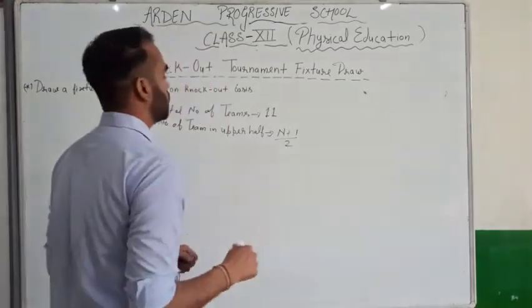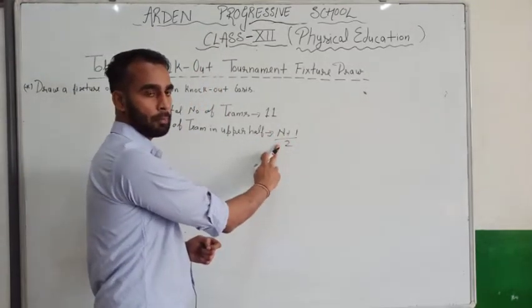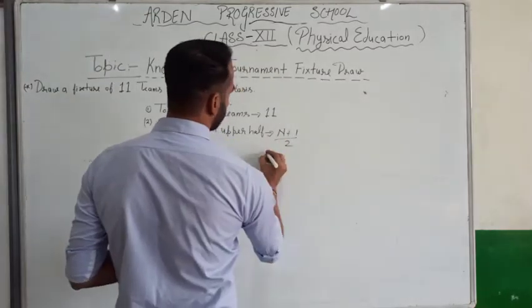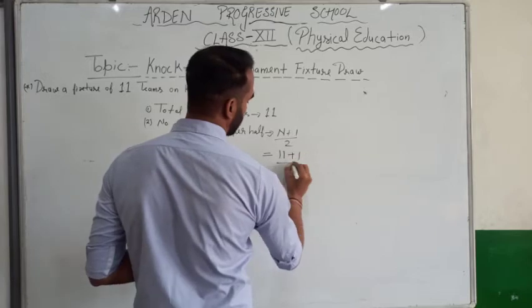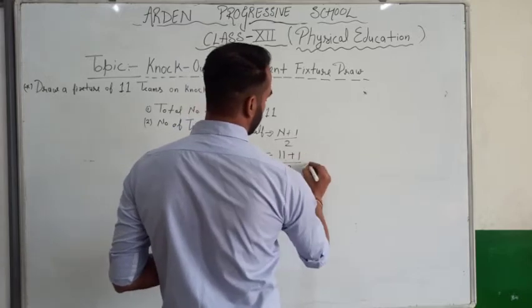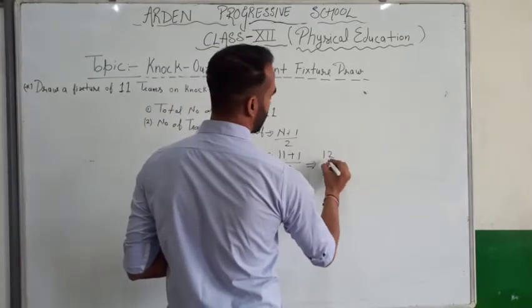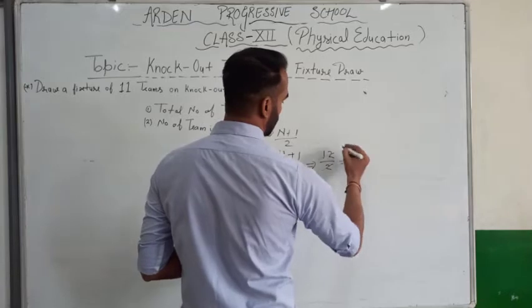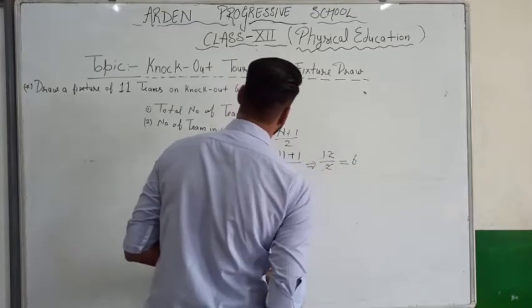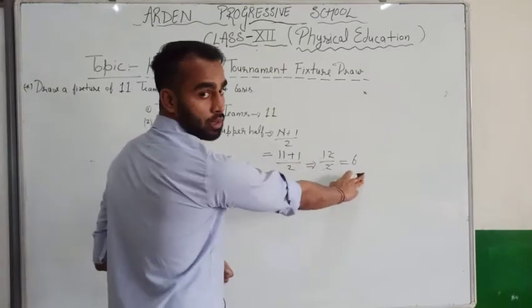Okay class, so N represents the number of teams. So the number of teams is 11, so (11+1)/2. We will calculate this. 12 upon 2 divided, so 6. Okay, so the number of teams in the upper half is 6 teams.